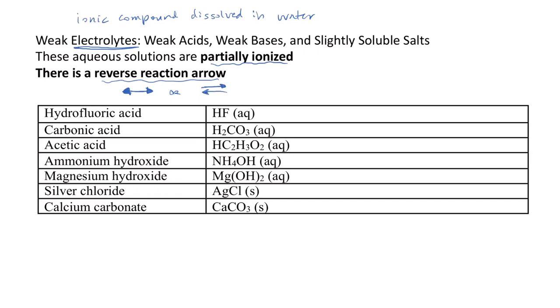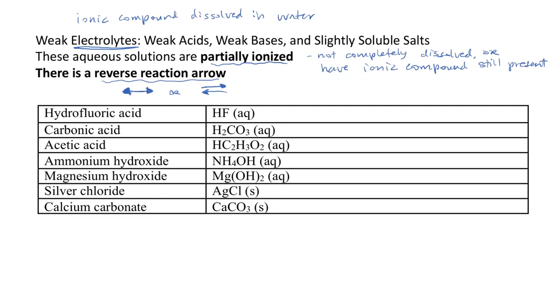That's because these are not completely dissolved, so you still have the ionic compound present. That's different from the strong electrolyte. For the strong electrolyte, you had no ionic compound at all. You have all ions.